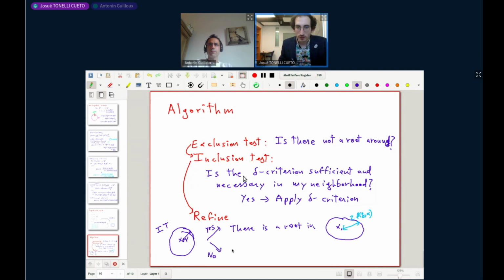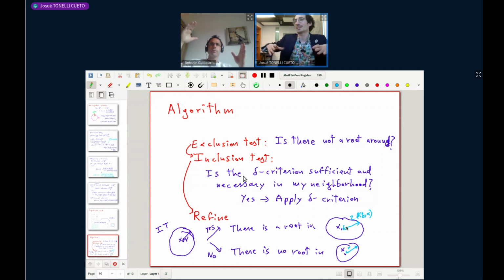While if it does not hold, you know there is no root in X with R. So usually when you determine that there is a root, you determine that there is a root maybe in a larger space. If not, you know that in the ball that you were considering, there was not a root at all.